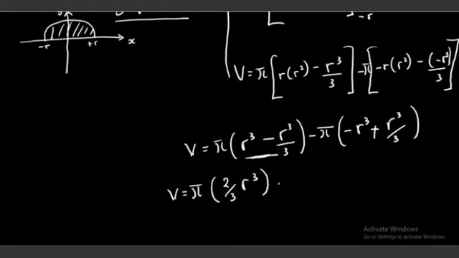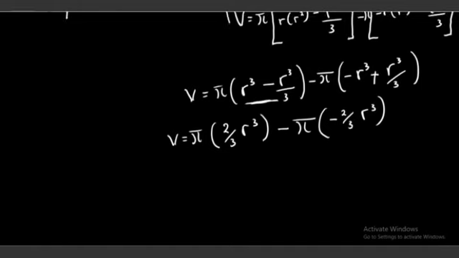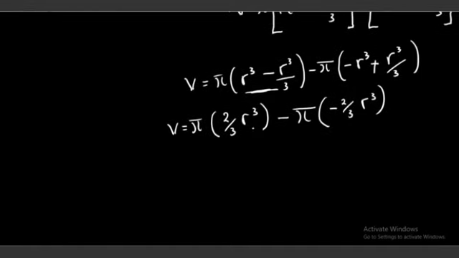Minus pi, then this will be minus 2 over 3 r cubed. Okay, now let's factorize. Actually I factorized earlier, but I still wrote this pi, so this time around, let's factorize completely.